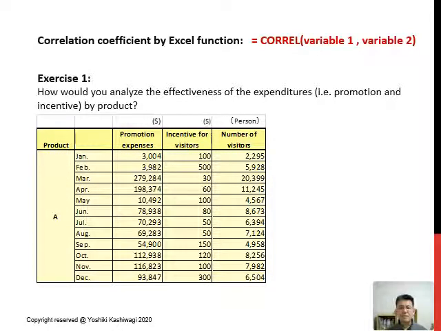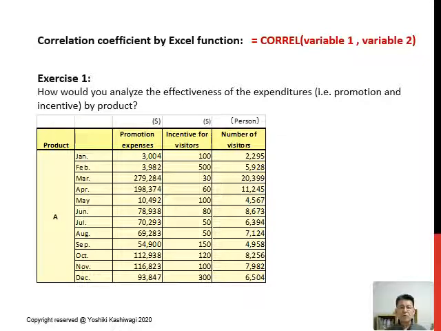In this case, promotion and incentive are inputs or causes of the result of number of visitors. Two inputs and one result or output. So these are the numbers to show two activities and one result.